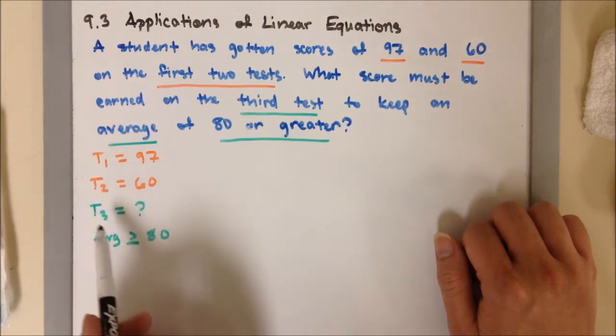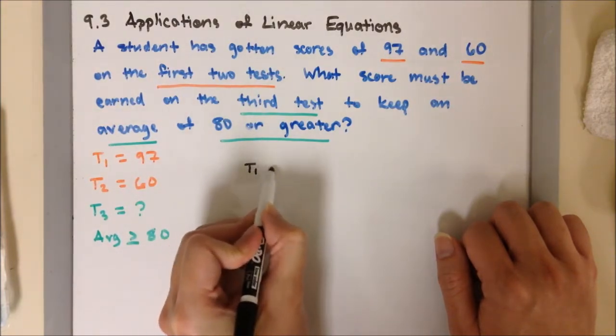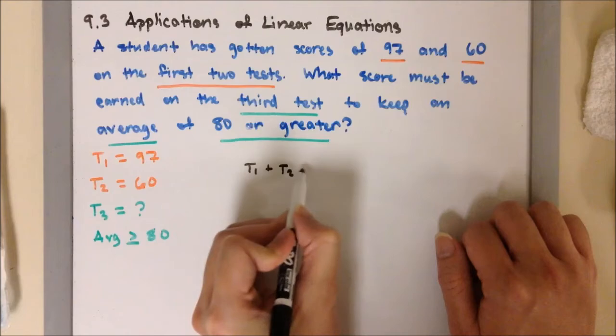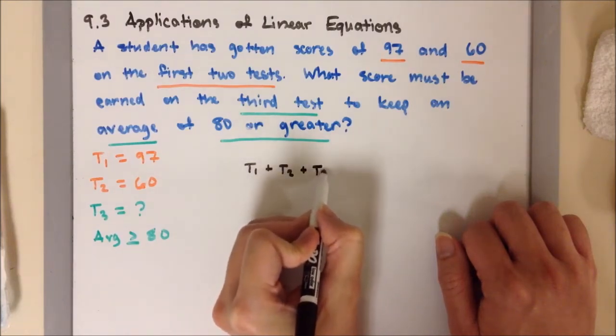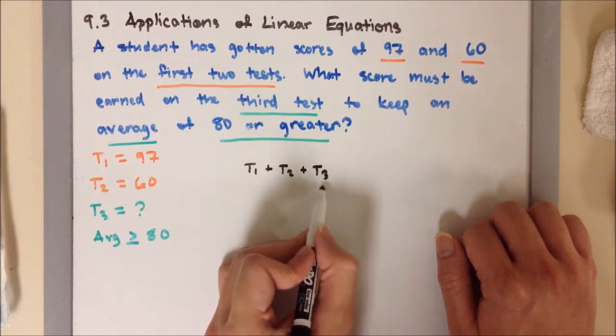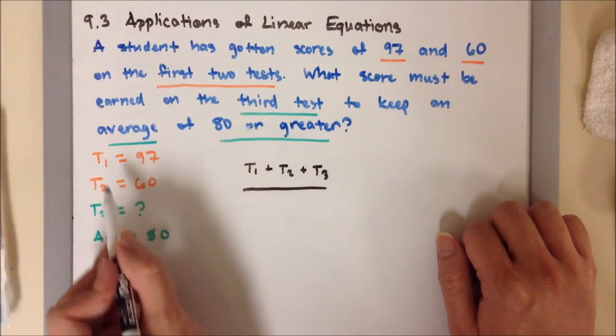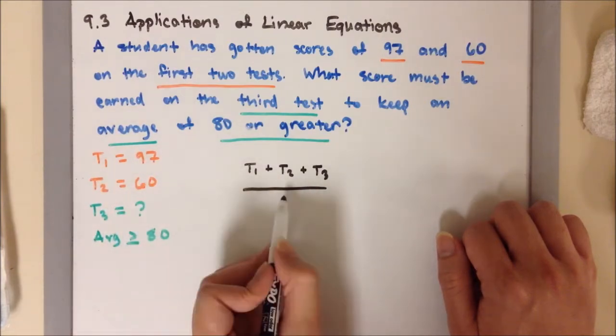So T1, T2, and T3. You're going to add them up, T1 plus T2 plus T3. And then the sum that you have, you're going to divide by the amount that were given in the first place. So since I have 3 tests, I'm going to divide by 3.